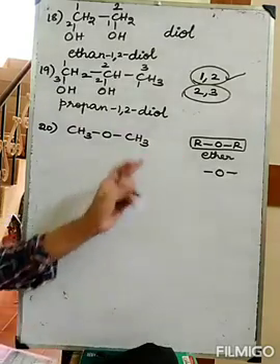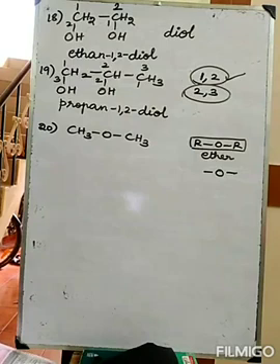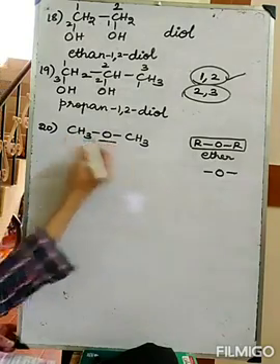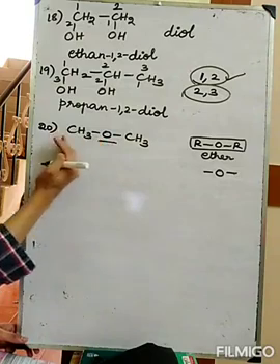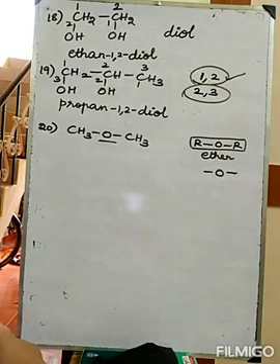So if you get an ether functional group, how should you name it? That we have to see. First this is the oxygen. You see the left hand side of the oxygen. On the left hand side of the oxygen, how many carbons are there? 1 carbon.